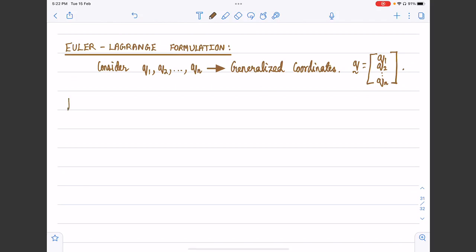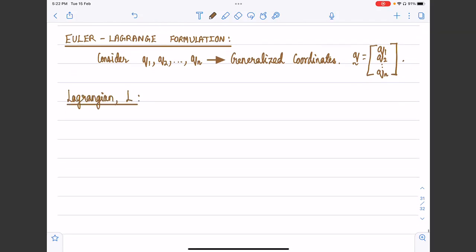Then we define a quantity called the Lagrangian. This Euler-Lagrange method is visualized as a method that uses an energy-based formulation. Why do I call it that way? That is because of the way the Lagrangian is defined.